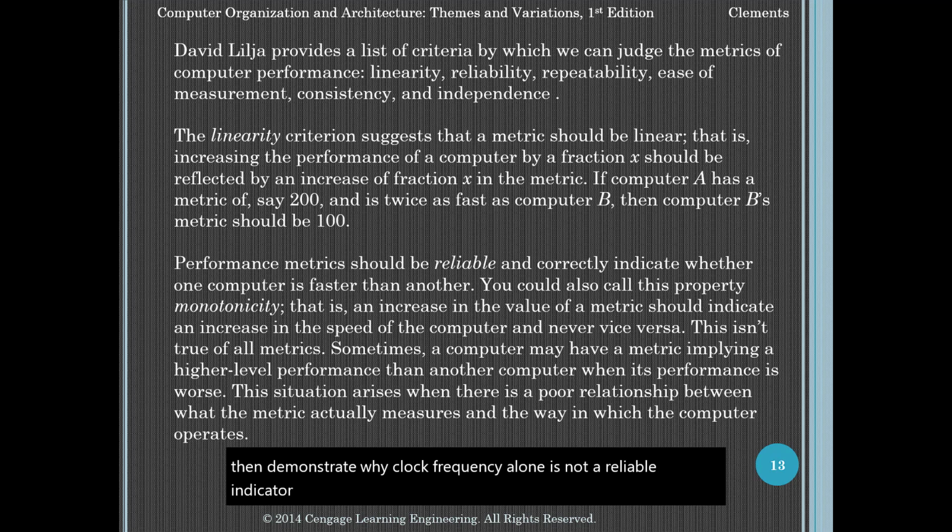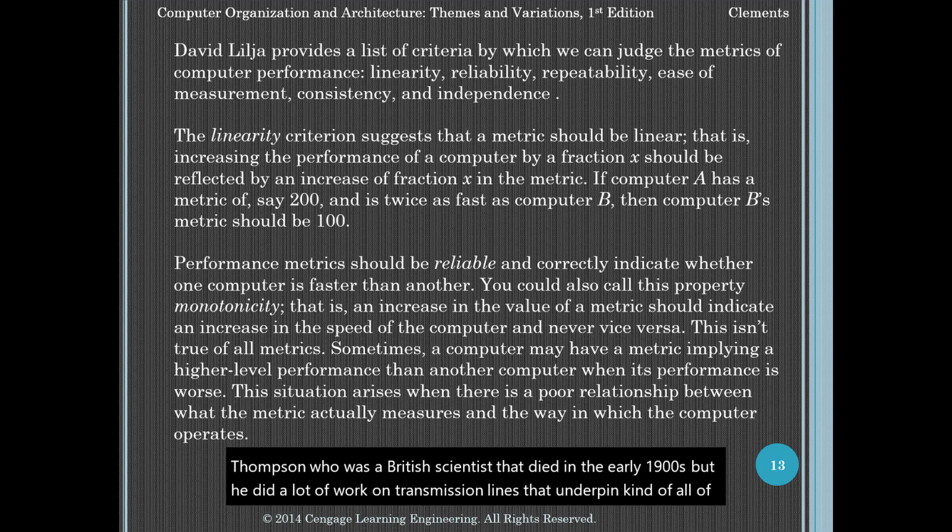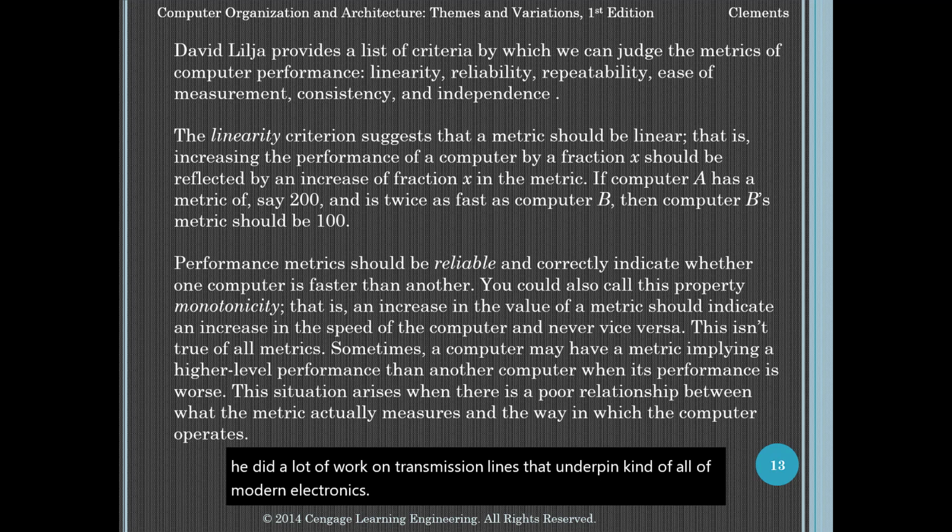indicator of performance. There's a really great quote by William Thomson, who was a British scientist that died in the early 1900s. But he did a lot of work on transmission lines that underpin all of modern electronics. And he later became Lord Kelvin. I don't know if maybe you've ever heard that name, but here's the quote.